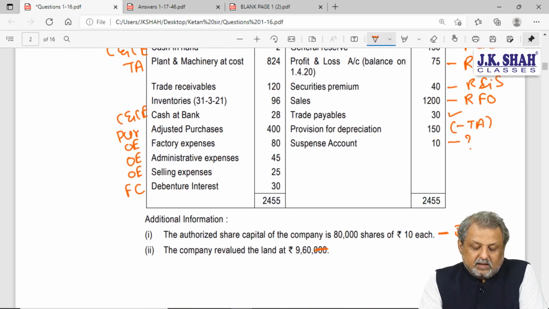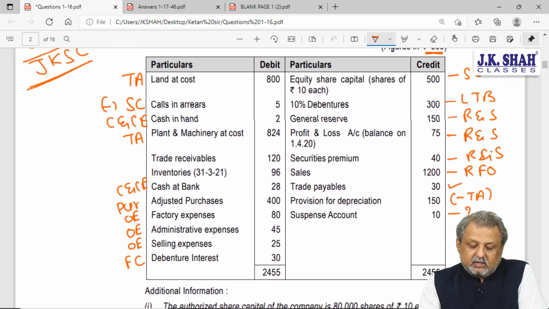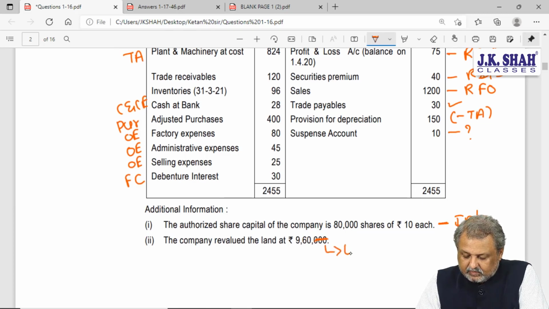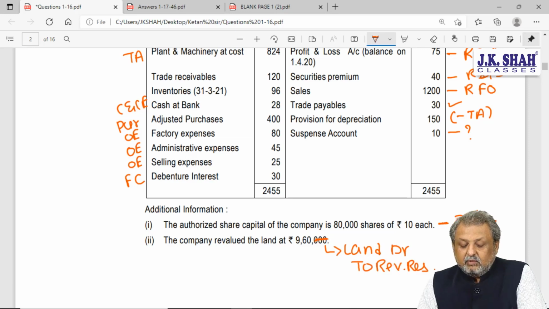On the debit side, land in the trial balance is 800, the revalued figure is 960, so there is appreciation. For that, the accounting entry will be land debit to revaluation reserve. The amount will be the difference between trial balance amount and the adjustment amount. Trial balance is 800, this is 960, so 160.